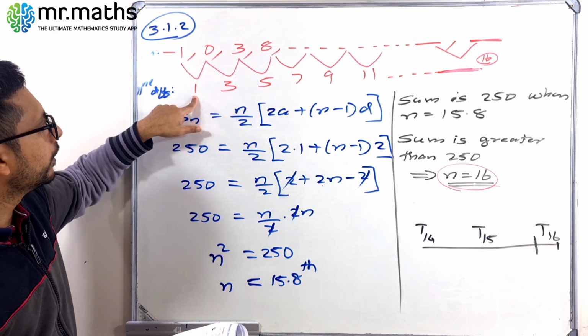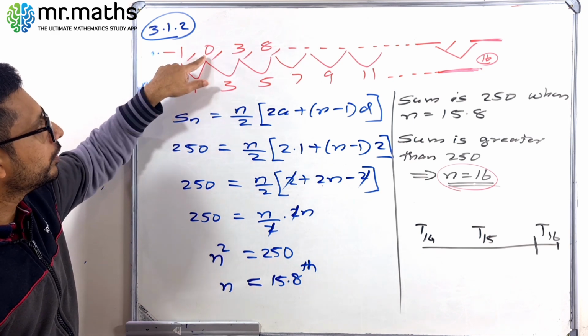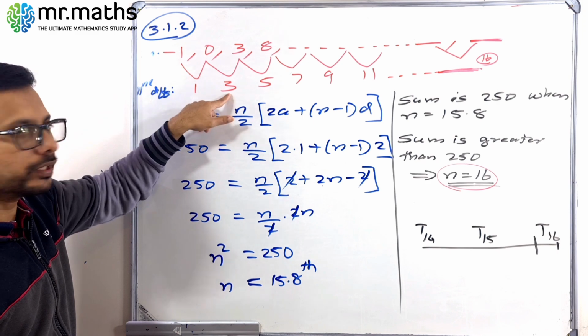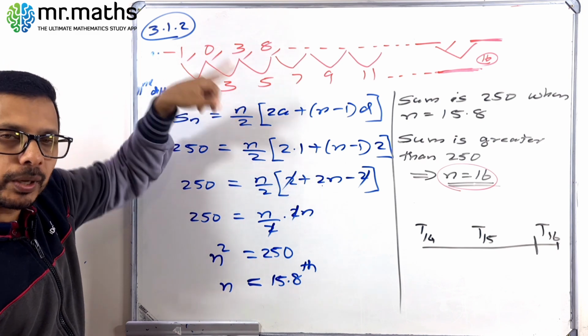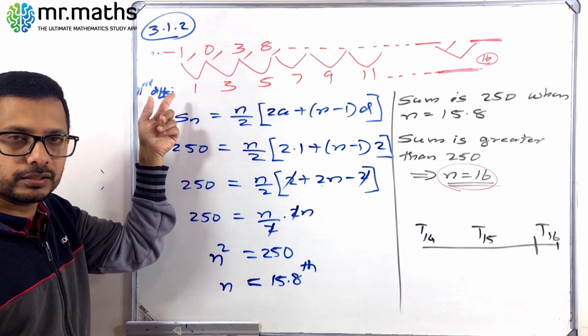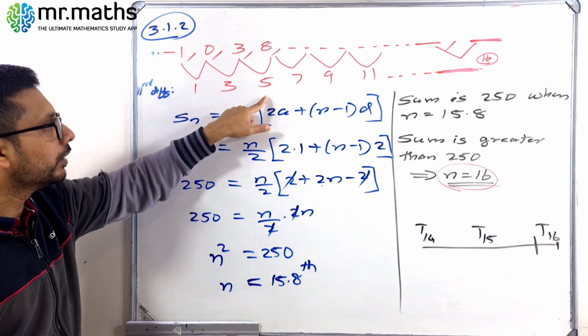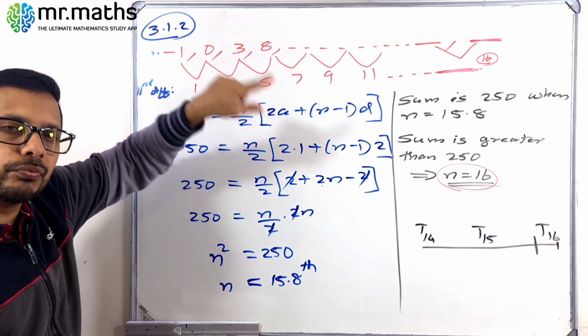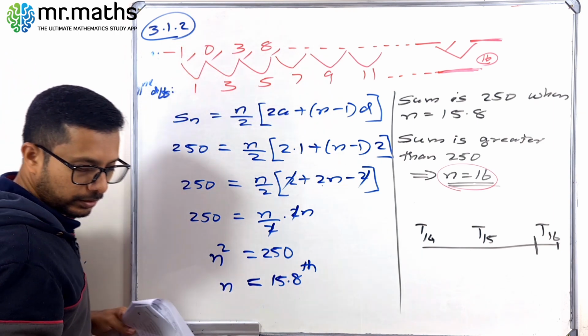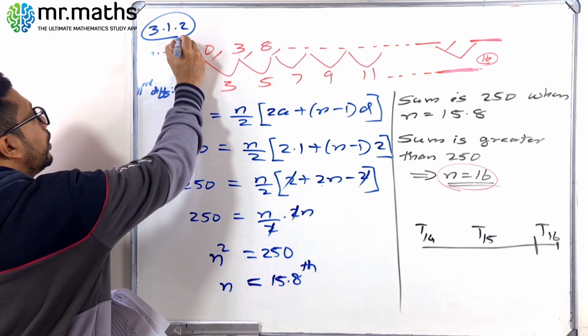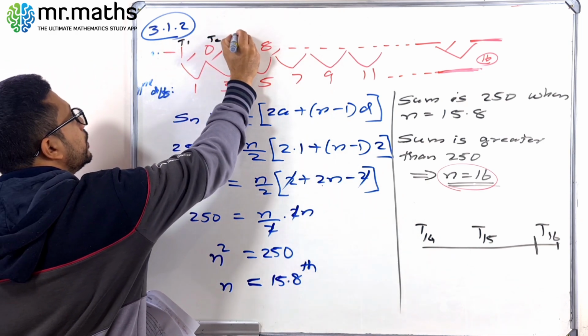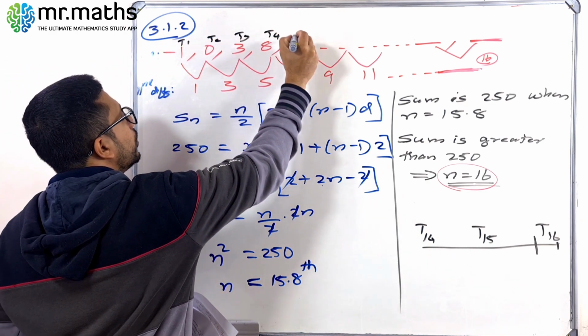The first term, T2 minus T1. The second term, T3 minus T2. The third term, T4 minus T3.